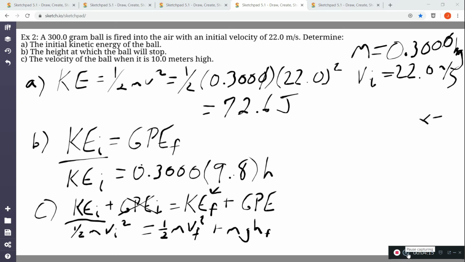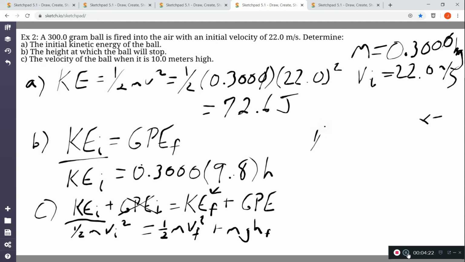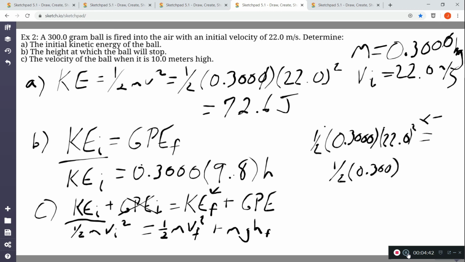So filling in known values, we're going to get 1/2 times the mass times the initial velocity squared, we already worked that out, is equal to 1/2 times the mass times the final velocity squared, that's what we're looking for, plus mgh.